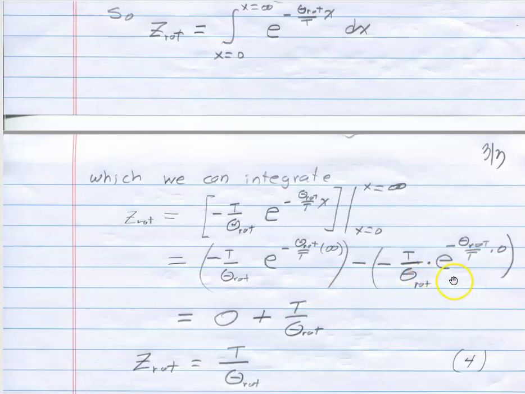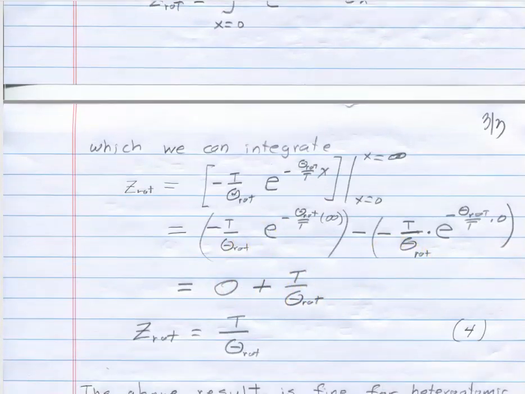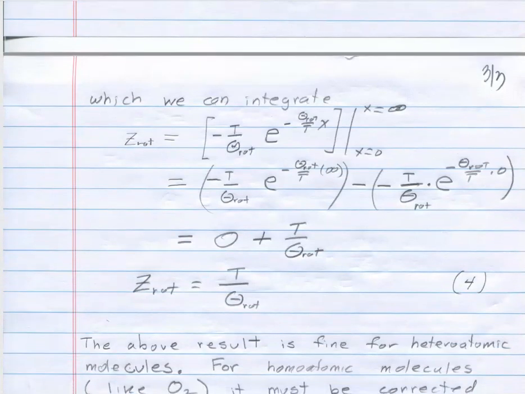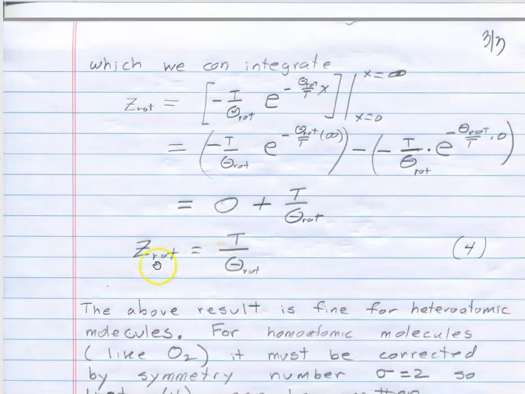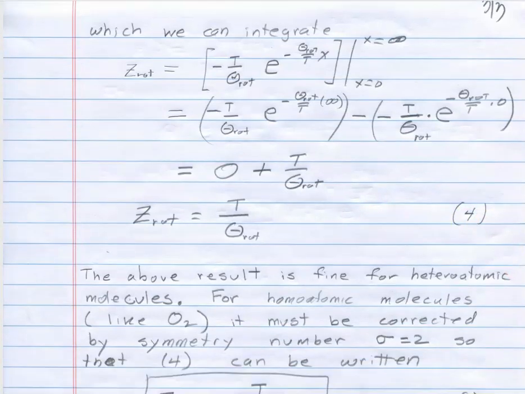And we're left with just this term, evaluated at the lower limit, which is 0, but e to the 0 is just 1. Minus minus is a plus, and so we get 0 plus T over theta rotation. And we get the rotational partition function is just the absolute temperature divided by that rotational temperature, characteristic temperature.